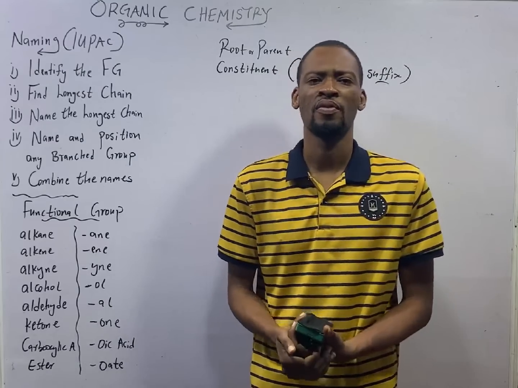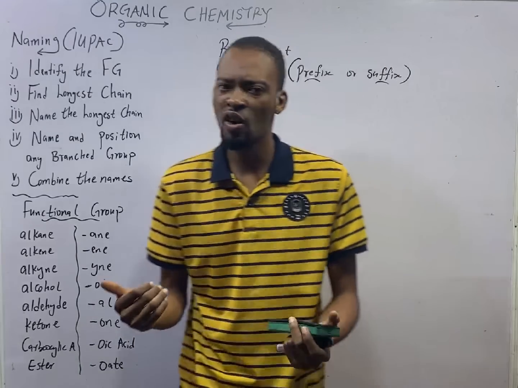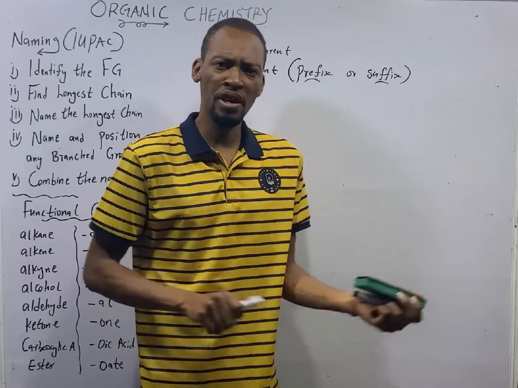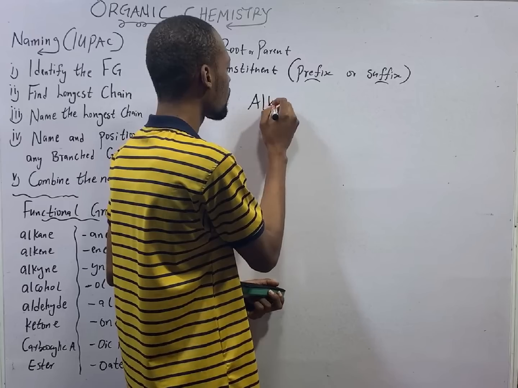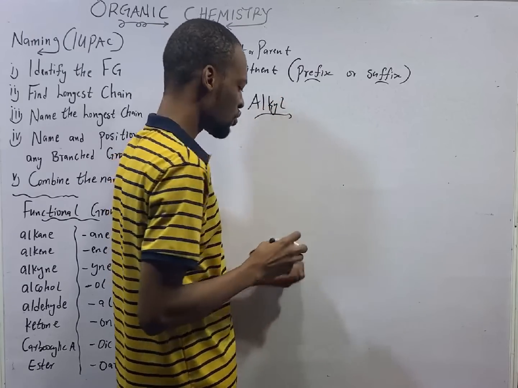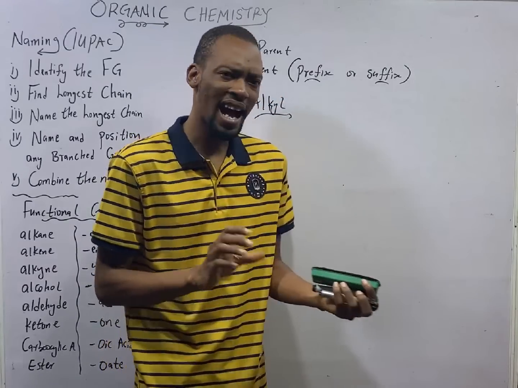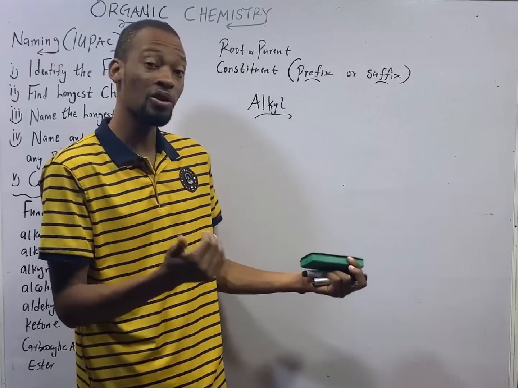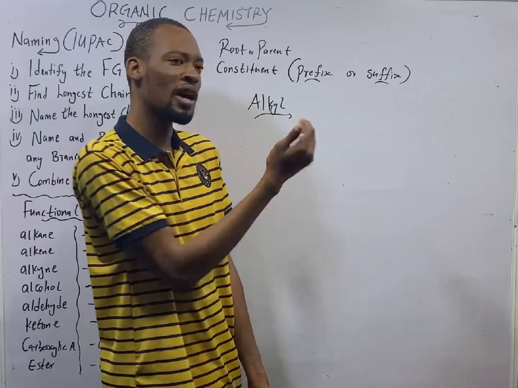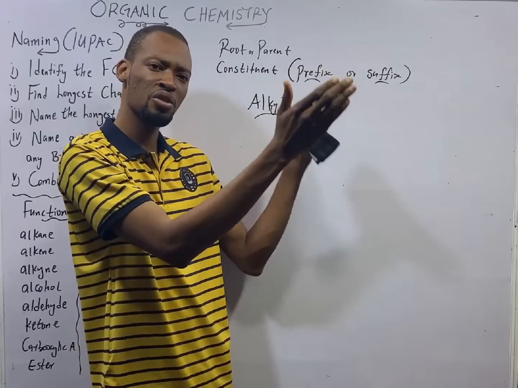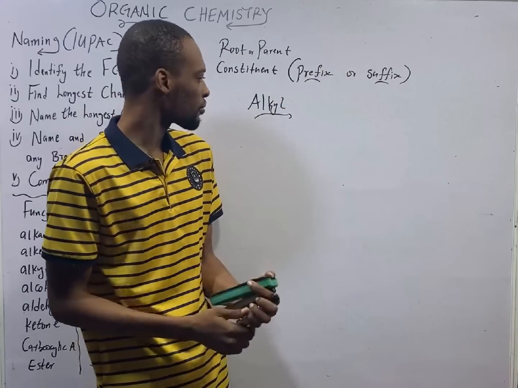So when it comes to naming of organic compounds, what are the prefixes and what are the suffixes? For most organic compounds, the prefixes are usually the alkyl group, which means alkyl groups are in most compounds, if not all. An alkane loses one hydrogen and every other thing joins at that particular point.